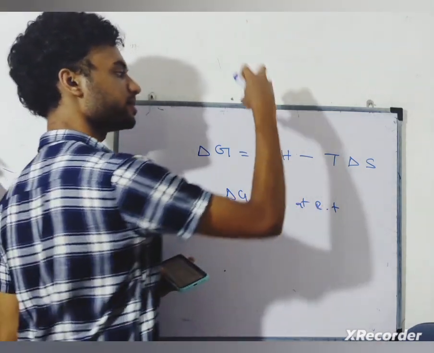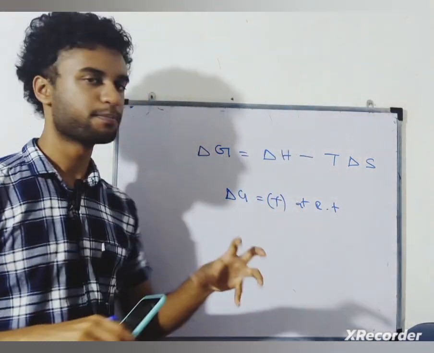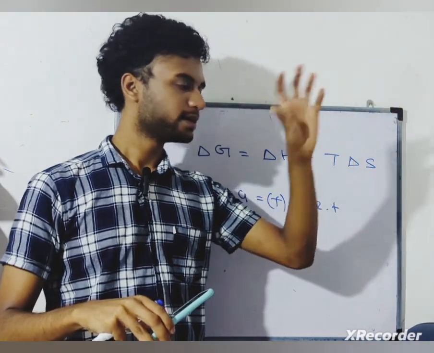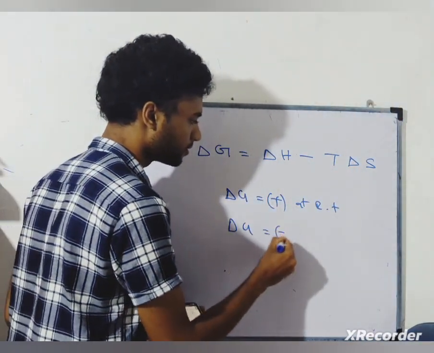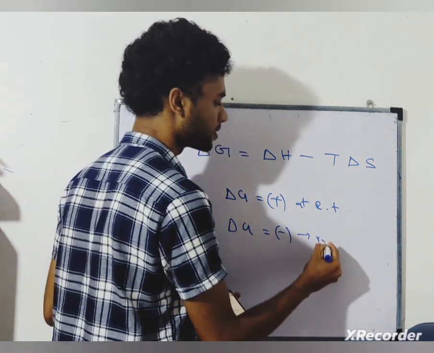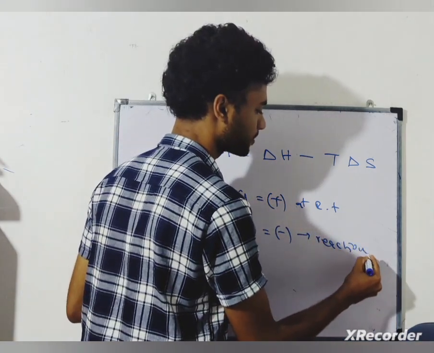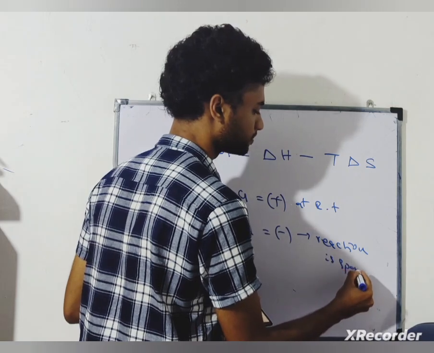But when the temperature is increased, delta G becomes negative, because when delta G is negative, the reaction is spontaneous, no?